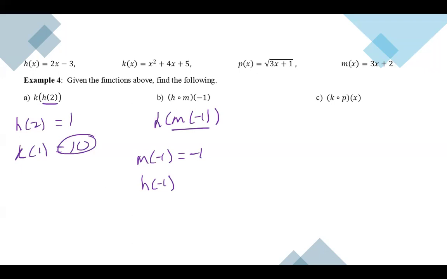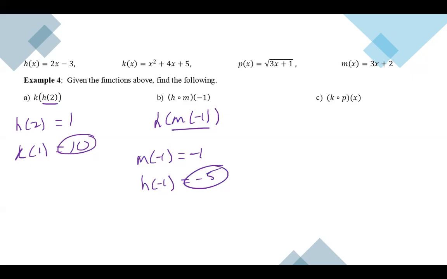And when you did H of -1, you got -5. Yay. Okay. What happened? If you owe me $2 and now you owe me $3, you now owe me $5.